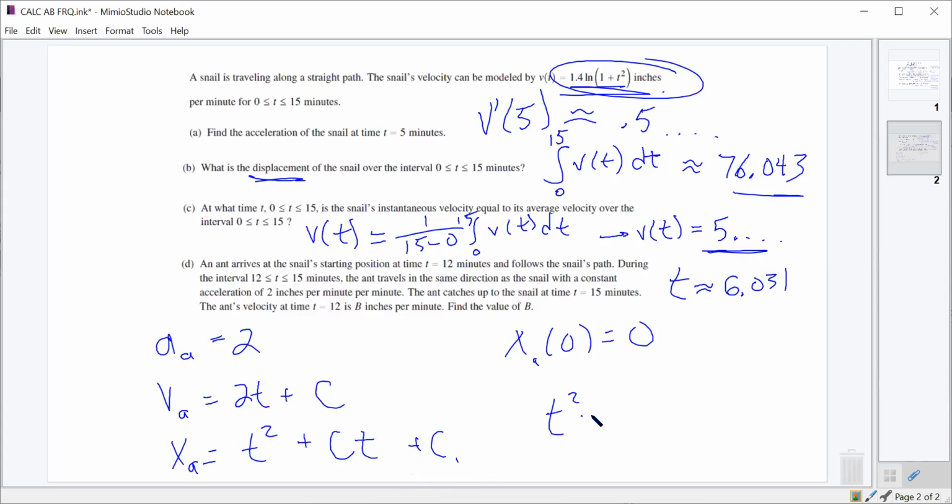So we end up with t squared plus ct, and we want that total distance when t is 15 to be 76.043, because that's how far the ant goes.